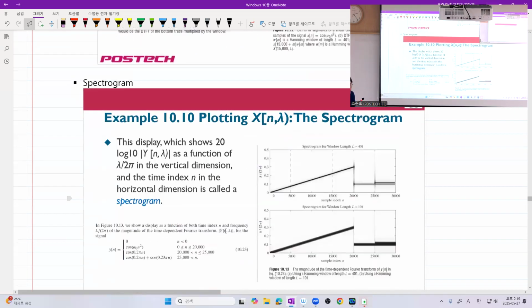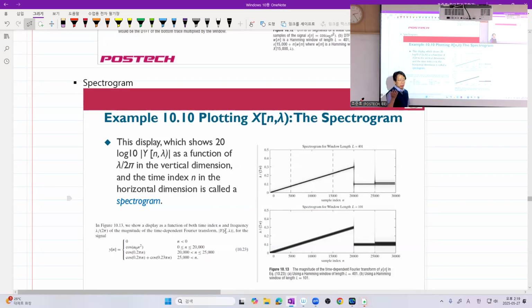And here comes a more evident example. So here we have y of n, a discrete-time signal that is 0 for negative n, and it has linearly increasing instantaneous frequency, then constant frequency, and then two tones. Now, if this is the discrete time-dependent Fourier transform, then plotted, we may have some function.